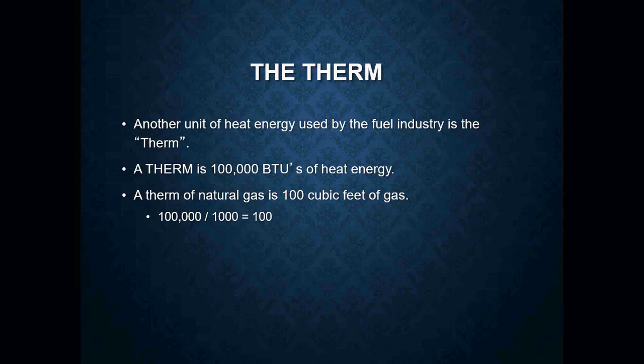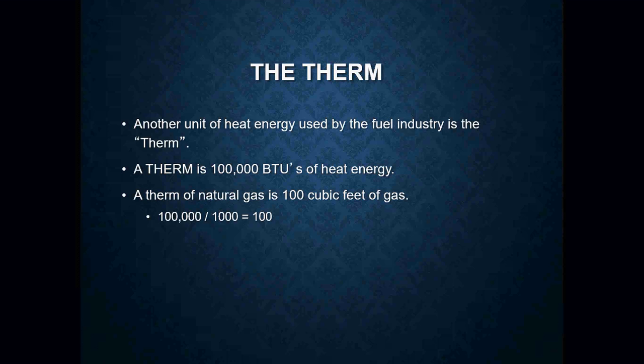Another term that we usually use in this industry is the therm. A therm is equal to 100,000 BTUs of heat energy. So if you're working on a natural gas furnace or boiler and it has an output value of 200,000 BTUs, we usually say that it has a value of 2 therms. It's just another term that's out there.